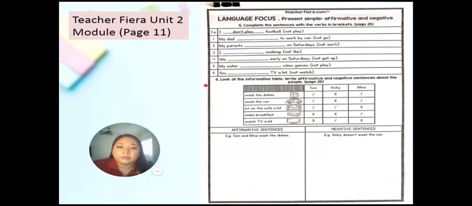Okay, yang seterusnya, so next one we have, look at the information table, write affirmative and negative sentences about the people. So who are the people? Tom, Vicky, and Mina. Okay, so there are few activities there. There are 6 activities. You need to write whether it's affirmative or negative.